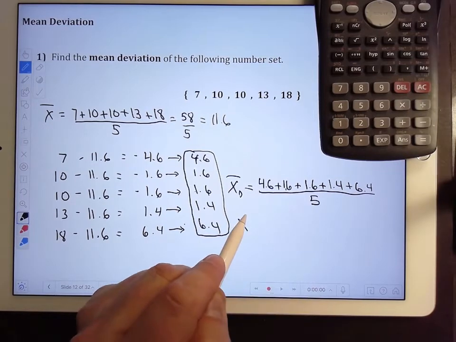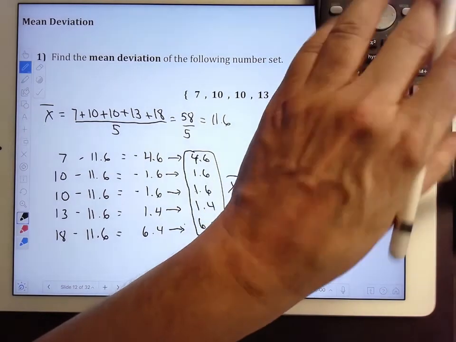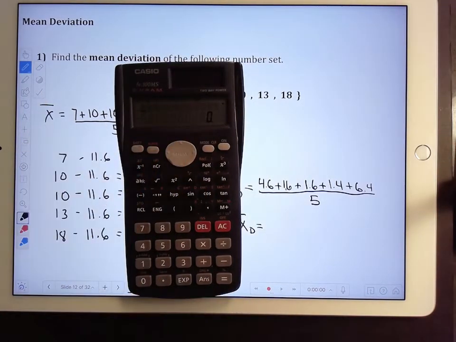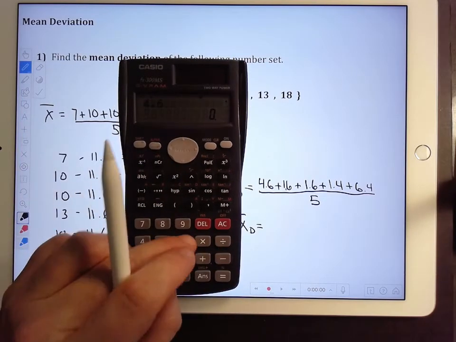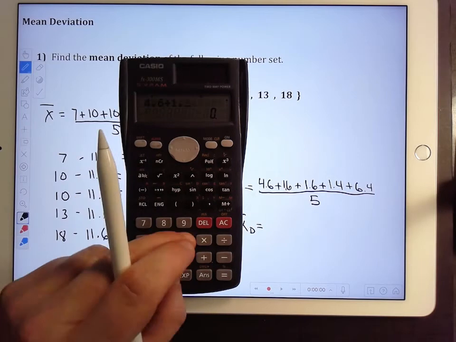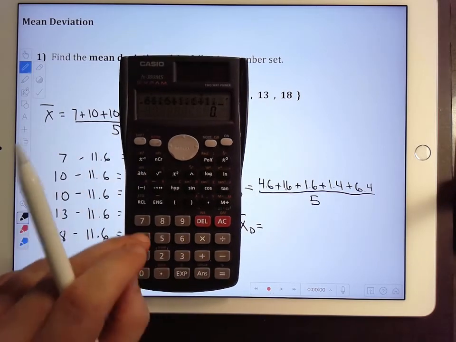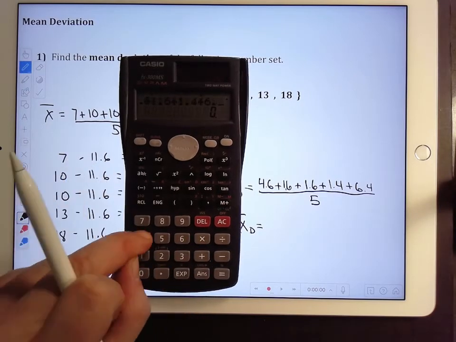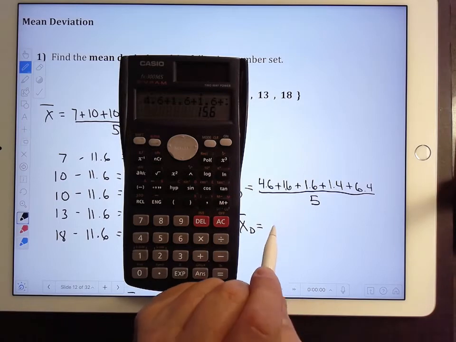So mean deviation is equal to, I'll bring this guy back now. I'll hide my work over here on the left for a moment, bear with me. 4.6 plus 1.6 plus 1.6 plus 1.4 plus 6.4 is going to be equal to 15.6.